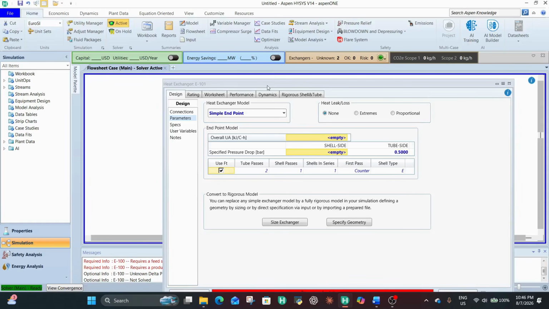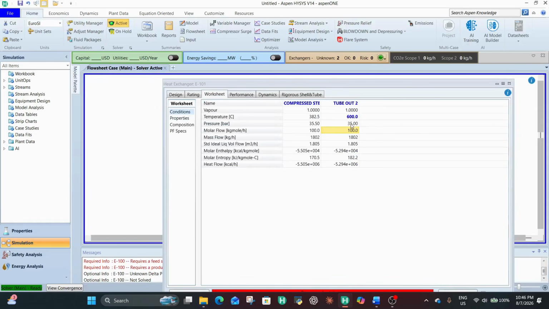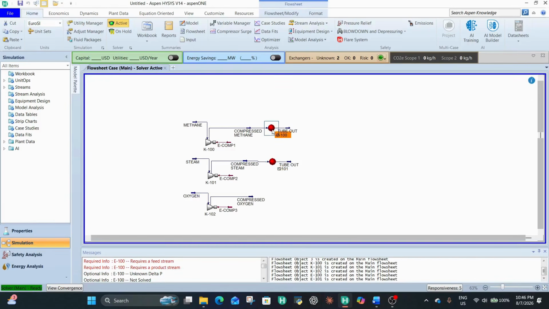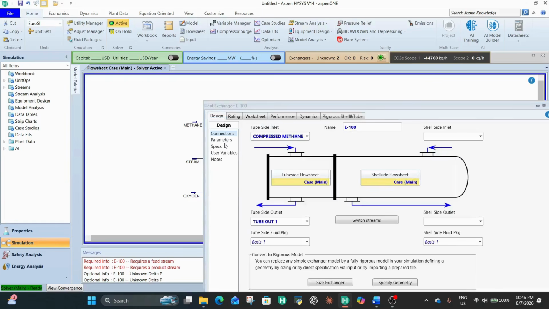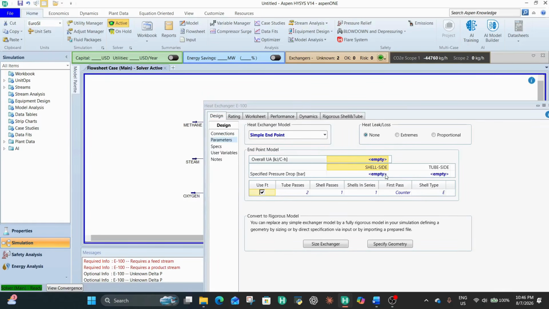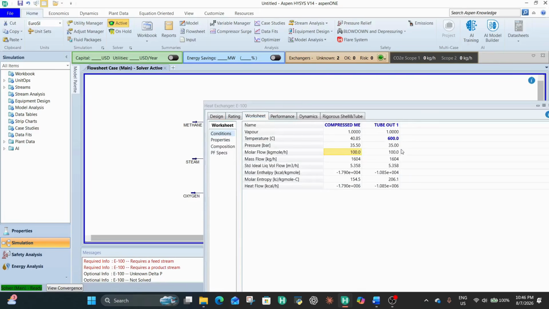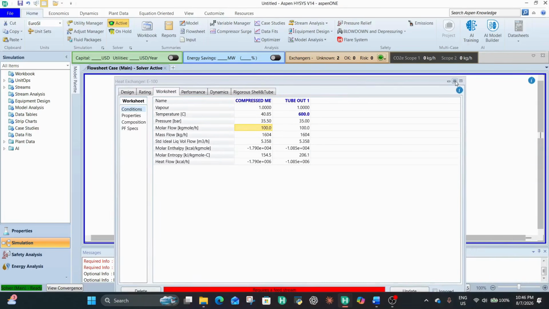Let's just do that, and it automates it. Yeah, 30 bar, much better. The same thing for our heat exchanger here. Parameters tube 0.5 bar, 30 bar, 35 bar. Good.